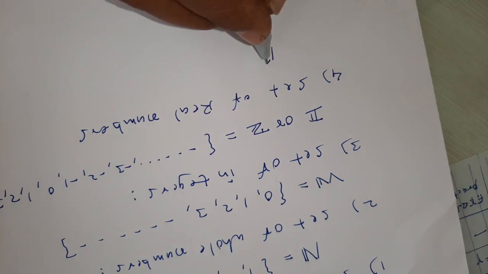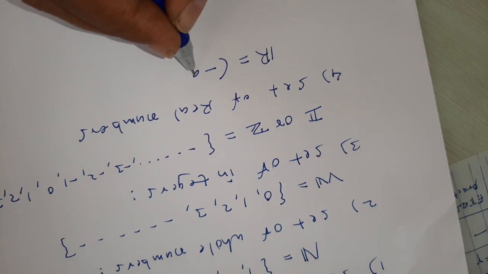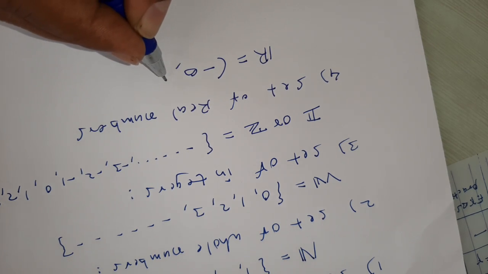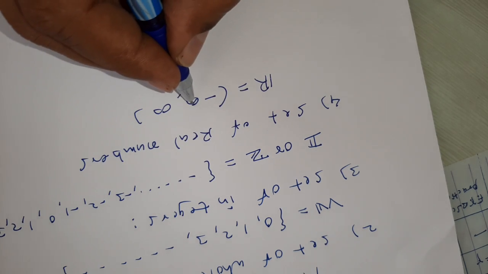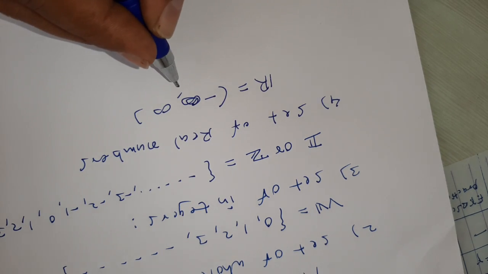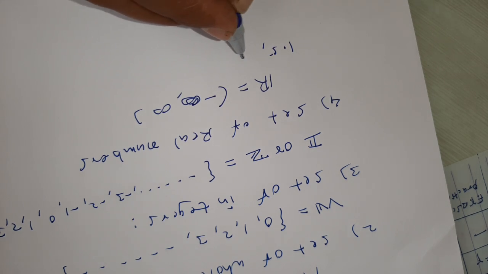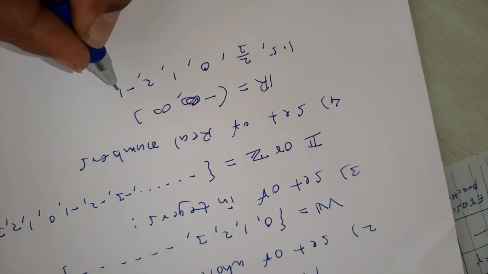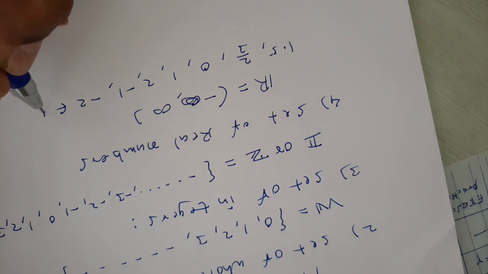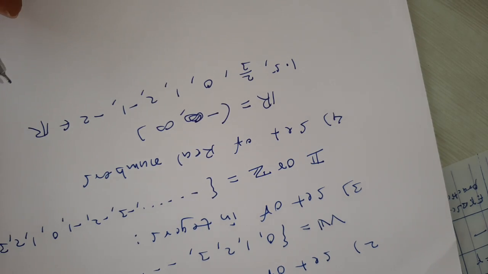This set is denoted by notation capital R and is the open set minus infinity to infinity. So this set contains all numbers that lie between minus infinity and infinity. That is 1.5, the fractional numbers, 2 by 3, 0, 1, 2, minus 2. All these are real numbers, members of this capital R.